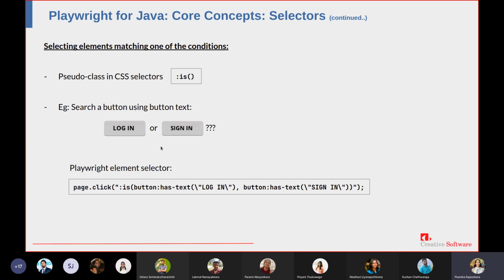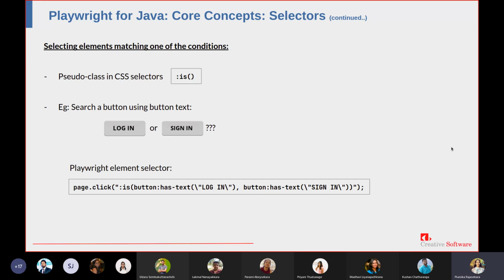It might be login sometimes, but it might be changed to sign in sometimes. That will be an issue when we automate tests. We can use this is function to address the issue. According to this line of code, this test performs a button click if the button has text login or if the button has text sign in.